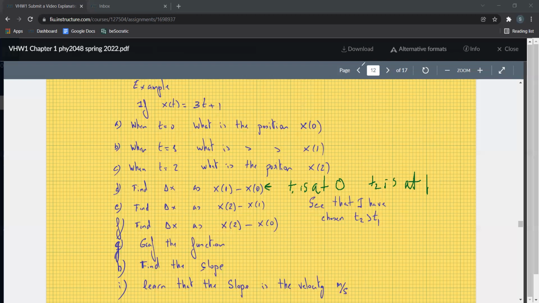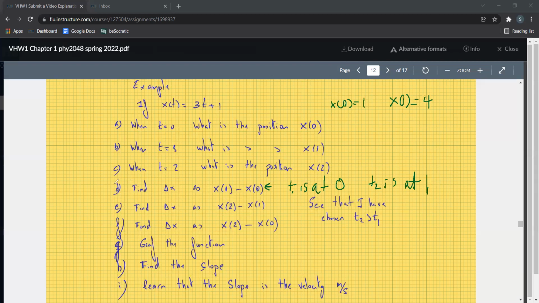And I'll show you. So we know from our question that x of 0 is equal to 1, and our x of 1 was 4. Let's do the math in my head because I erased.